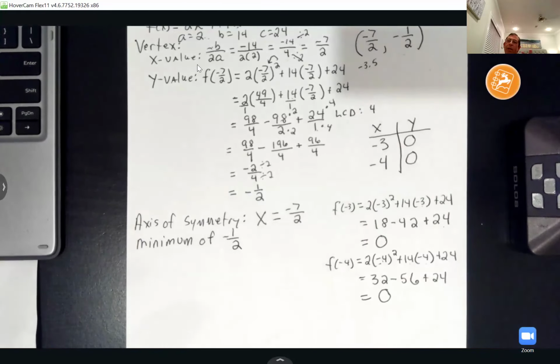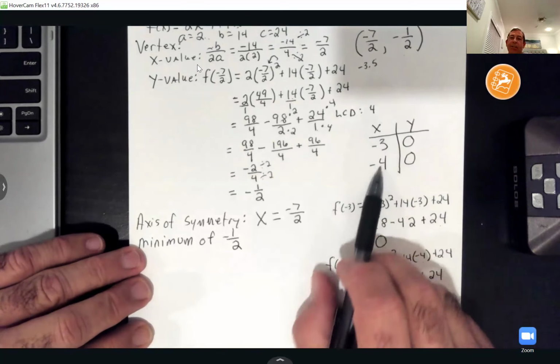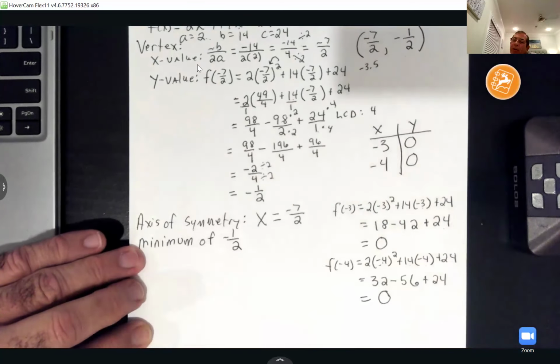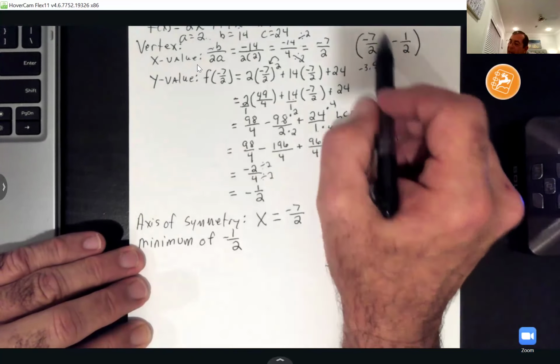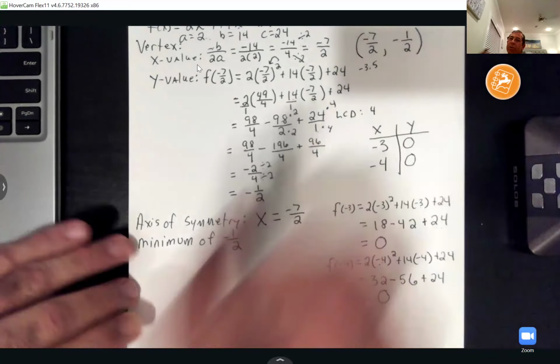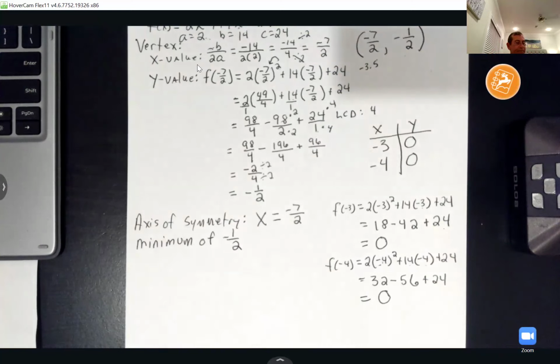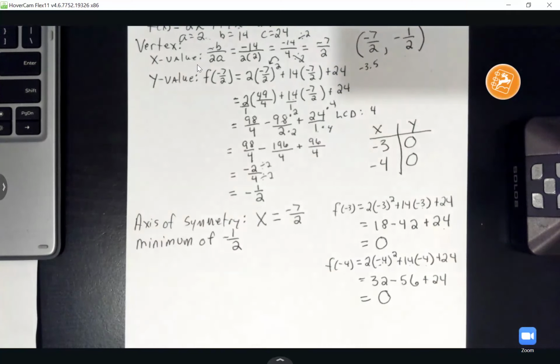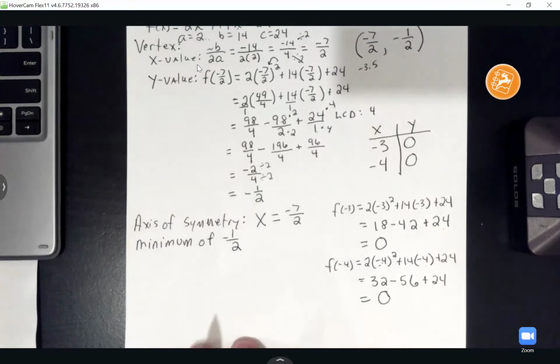So, that's really the way to do it by hand, but you can pick any x's you want, okay? Personally, like I said, I try to stay close to what my vertex is. So a little bit more work, but it ain't impossible.